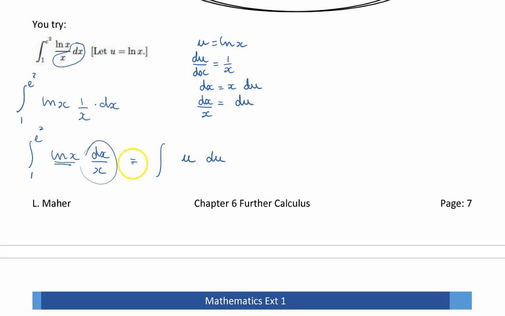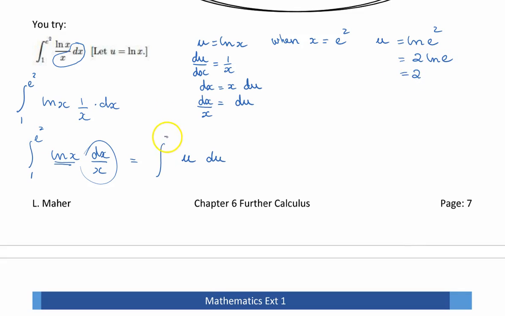Now all we're left to do is to find the appropriate limits. When x is equal to e squared, we would have u is equal to the log of e squared, which is 2 times the log of e. The log of e, what's the power you raise the base e to give e, which is 1, so that's 2.